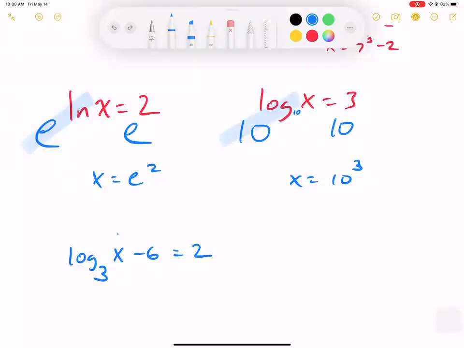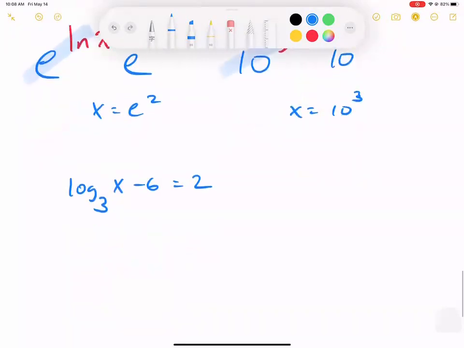So it turns out this is a problem with a 6 attached to it. So the way we would solve for this is order of operations. I'm going to get rid of that 6 first. I'm going to plus 6 to both sides. Then we have log base 3 of x is equal to 4. Oh, oops, sorry. In this case, 8. 6 plus 2 is 8.